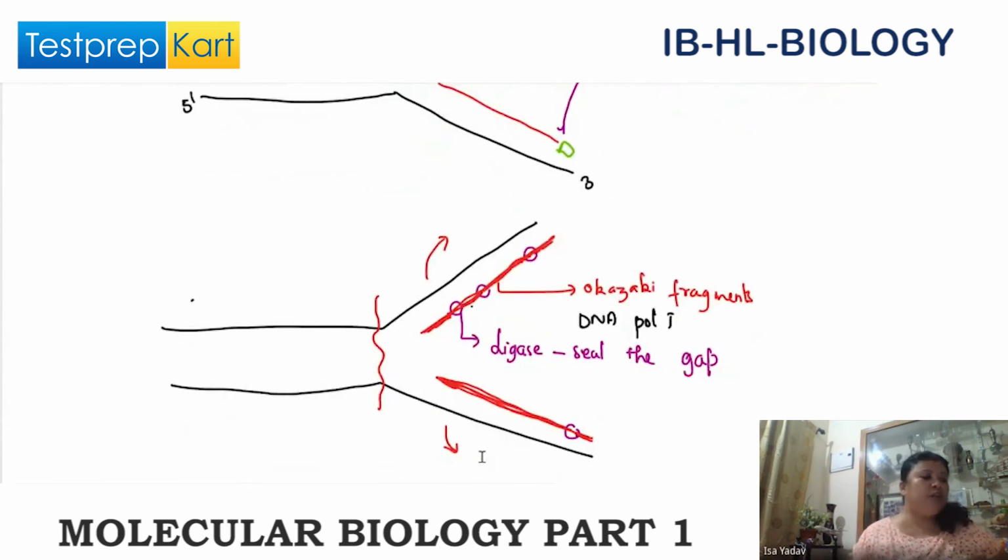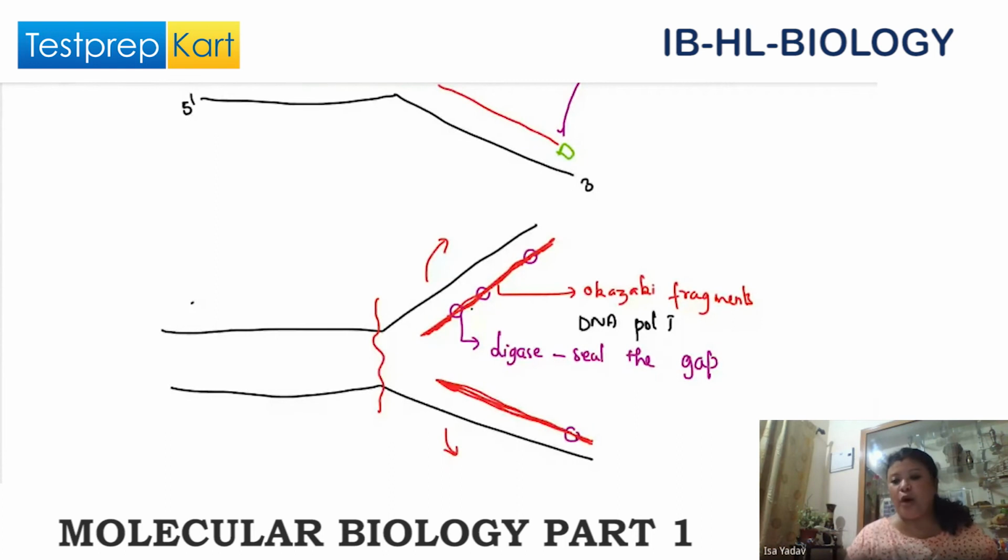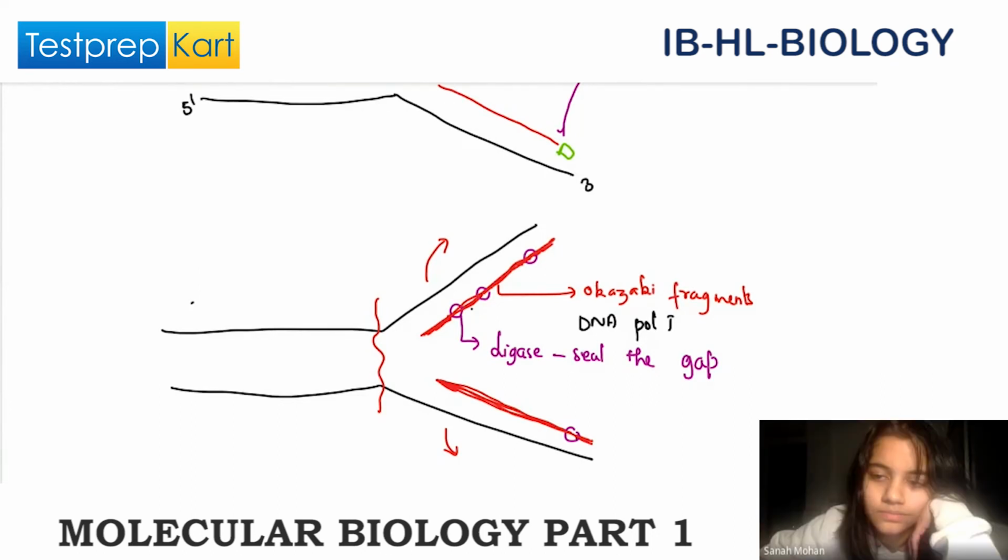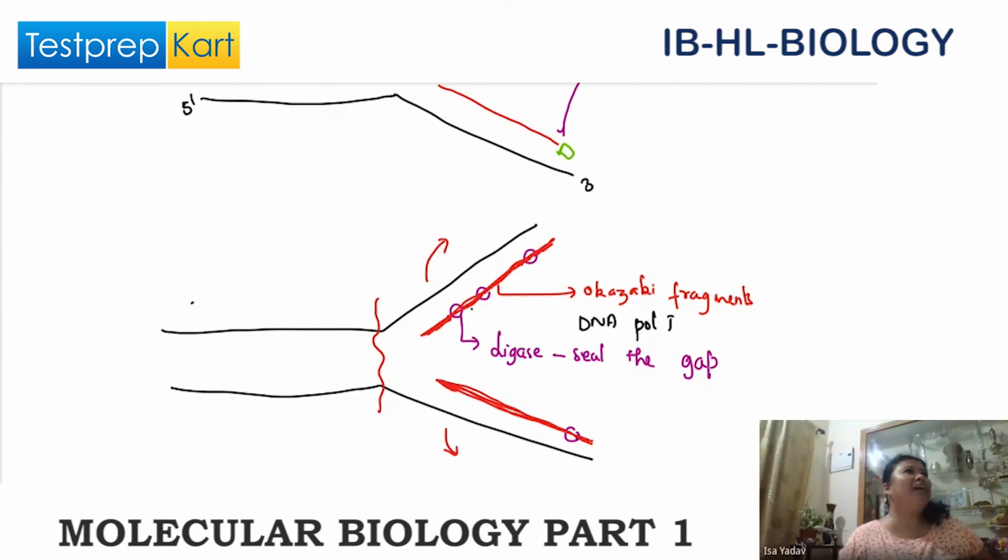So this is replication. Now, a few small important things that you need to know: carbohydrates, proteins, lipids. Okay, Sana, which is your favorite food? I think pasta. Okay.